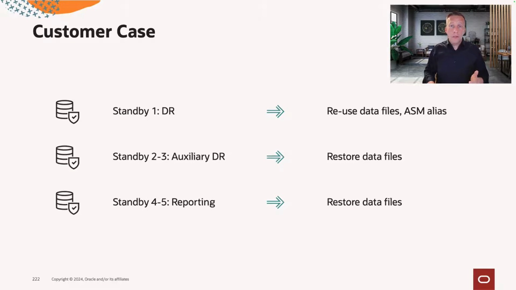But the other ones, the auxiliary disaster recovery and the reporting databases, well, they could tolerate that those databases would not be ready at go-live. They still have one database that could take over in case of any disaster. But especially the reporting databases had a little lower priority and they could wait with those.